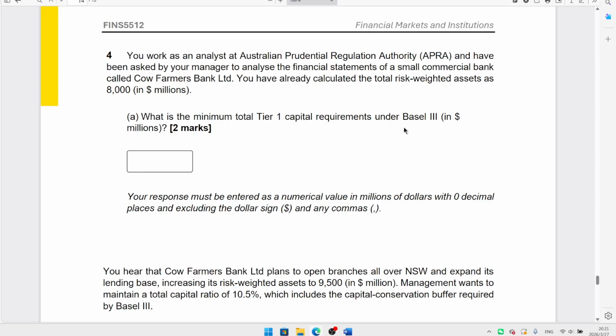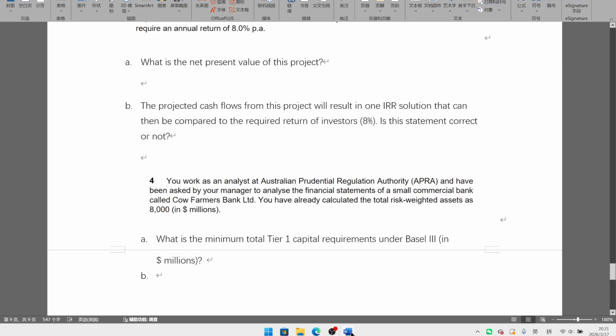In millions. Tier 1, Tier 2, Tier 2 is 2%. Sorry, I lost track. So it's 8%, or 6%.